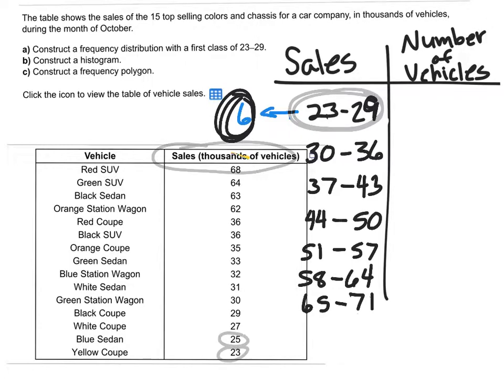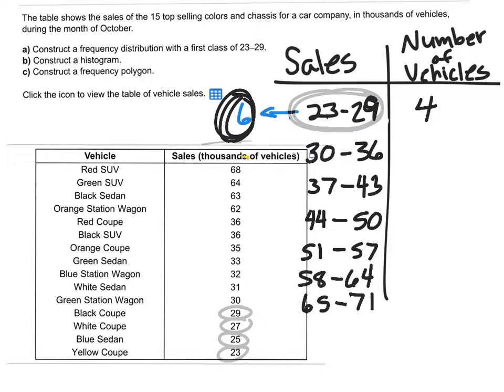I've got 1, 2, 3, and 4. Because this is a frequency table, which tells you how frequent a number is that falls between 23 and 29, it came up 4 times. So I'm going to write a 4 right next to the interval 23 to 29.